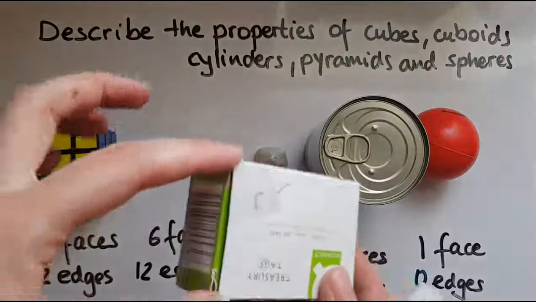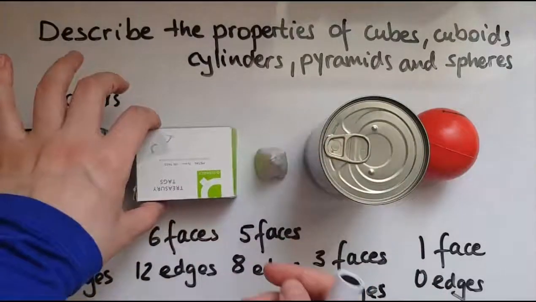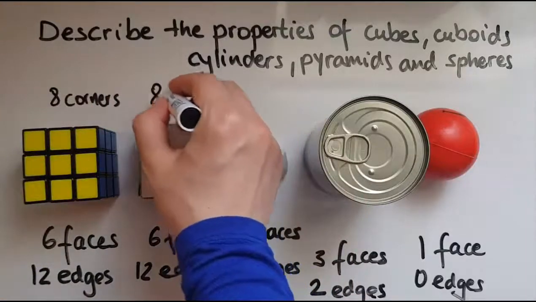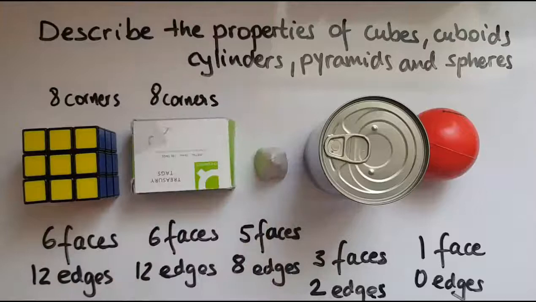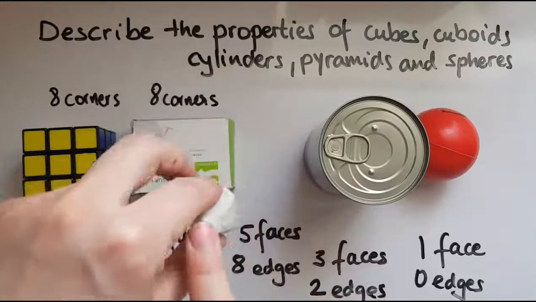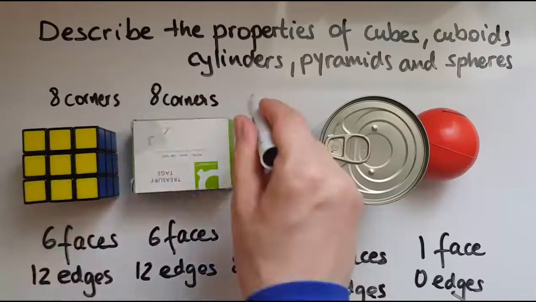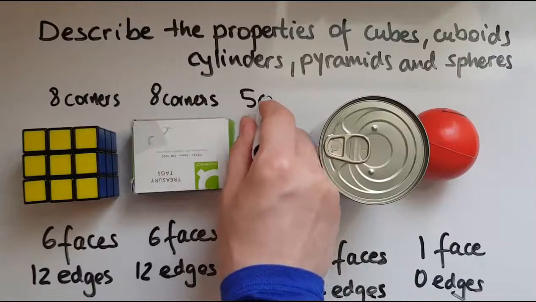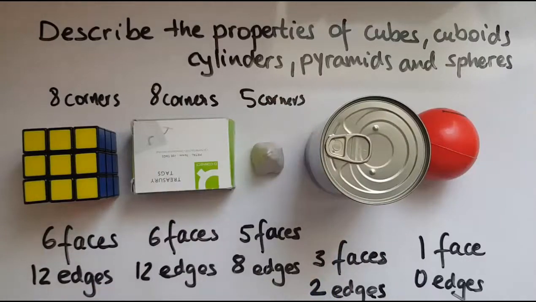We've got 1, 2, 3, 4, 5, 6, 7, 8. So again, the same number. In a square-based pyramid, we've got 1, 2, 3, 4, 5. 5 corners.